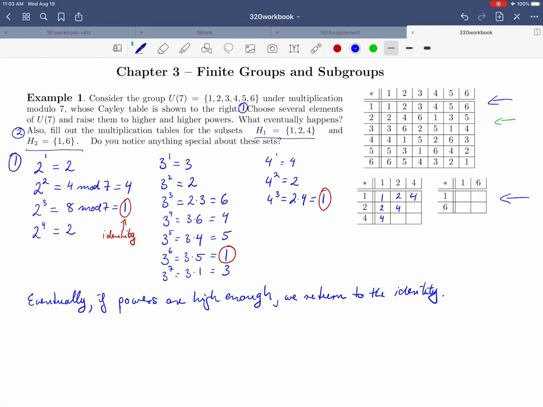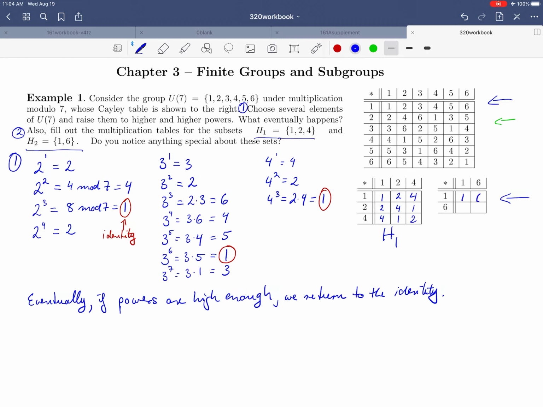And then 2 times 2 is 4. 4 times 2 is 1. 2 times 4 is 1, and 4 times 4 is 2. So that is the Cayley table for the set H1.